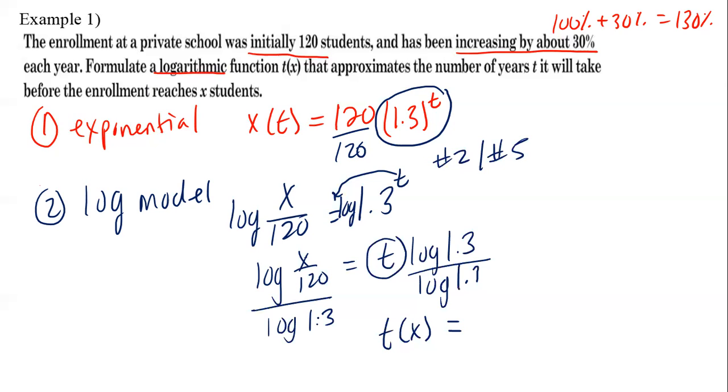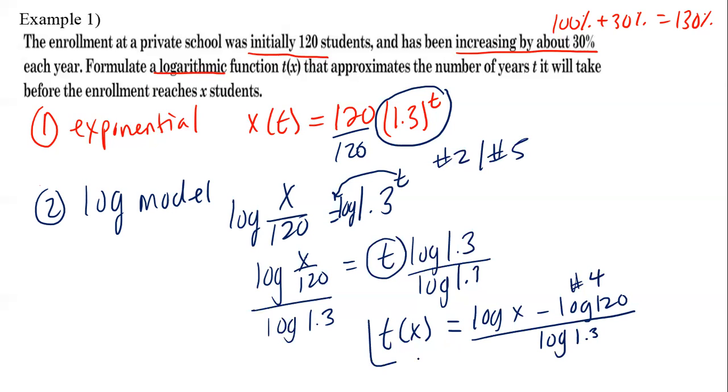If I want to expand it, it becomes what? Subtraction. So it becomes log of x minus log of 120 divided by log of 1.3. And that's property number 4 that makes it expand. So now this would be your log model.